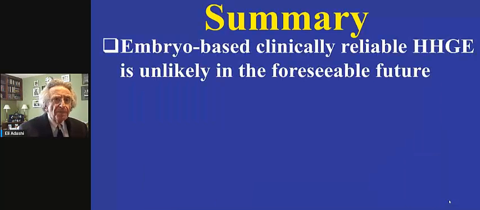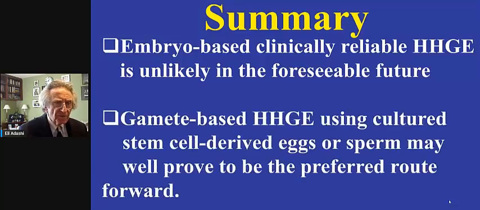So in summary, embryo-based, clinically reliable heritable human genome editing is unlikely in the foreseeable future. Gamete-based heritable human genome editing using cultured stem cell-derived eggs or sperm may well prove to be the preferred route forward because it would provide for a far more controlled environment.